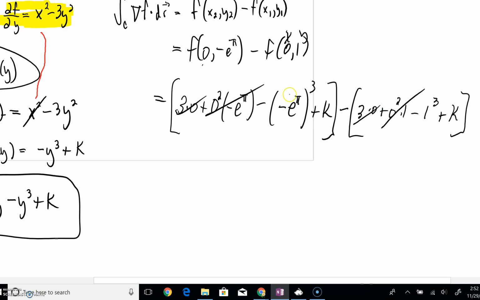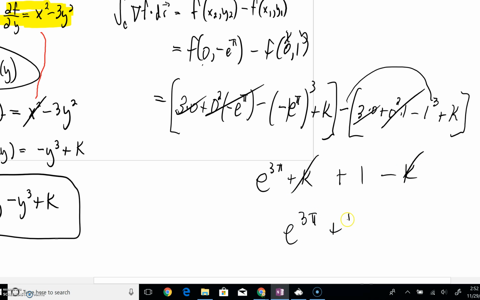And that leaves us with, this is a negative 1 to the third, that's negative 1, and a negative in front of it makes it a positive, and that's going to leave us with an e to the 3 pi, right? So I have that e to the 3 pi here, plus k, and here as we distribute this negative, we're going to make that a plus 1, and then we'll have a minus k. You can see we'd have e to the 3 pi plus 1. And that's going to be our line integral.